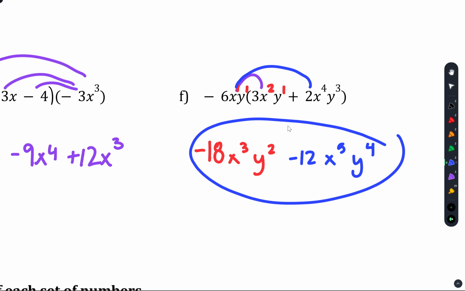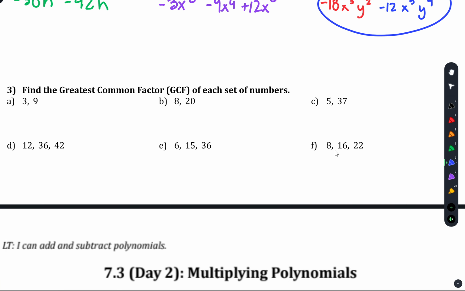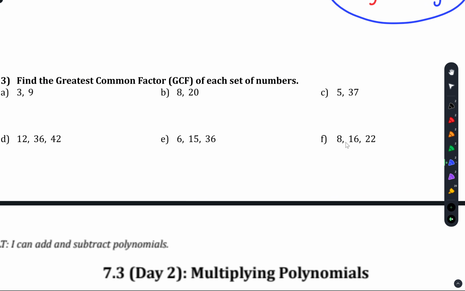Okay, last section. This does come up on your homework, so we do have to talk about it. We've seen this word, greatest common factor, before. I think you talked about it in middle school. Does anybody remember what a greatest common factor is, James? Yes, it is.